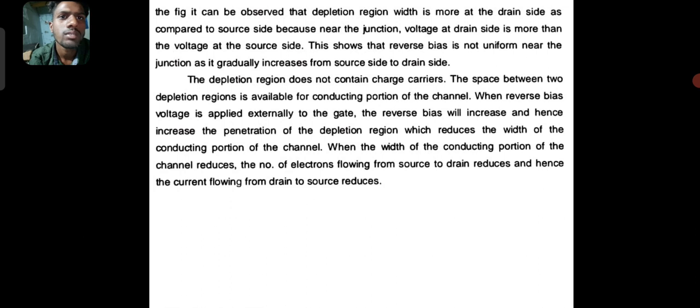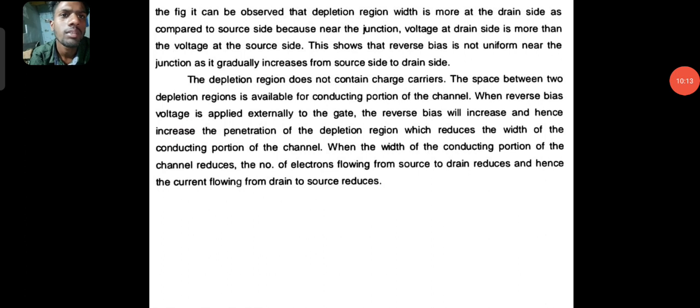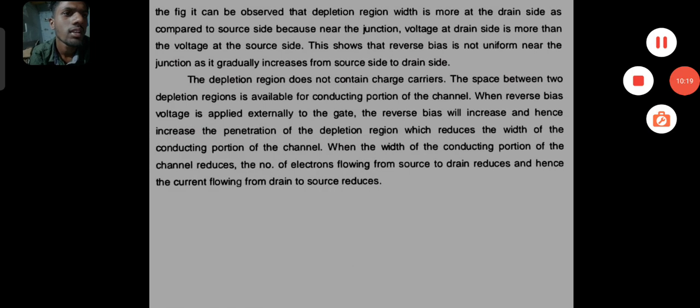The depletion region does not contain charge carriers. The space between two depletion regions is available for the conducting portion of the channel, where the bias voltage is applied externally to the gate.